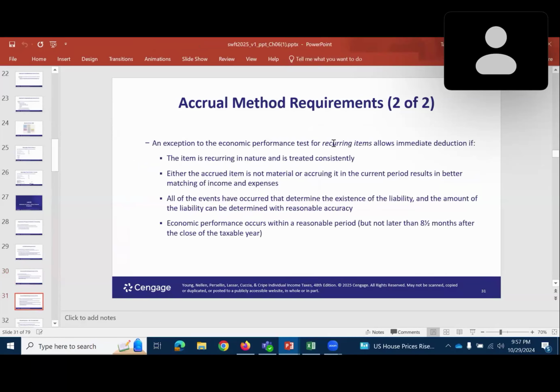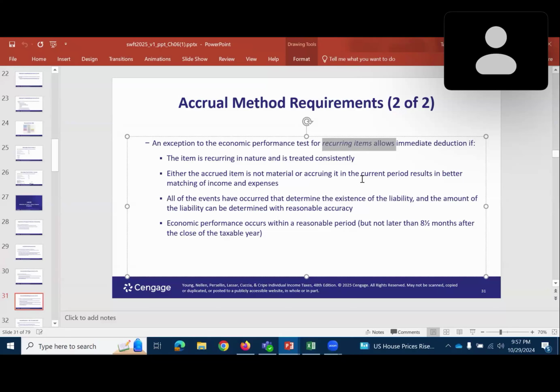There are some exceptions to the economic performance test. What if you have a recurring item? A recurring item would be something along the lines of, for example, I had a client that was a construction company and they bought wood every week. So instead of having an invoice, signing a check every week, they got billed every quarter, but they received the shipment every week.